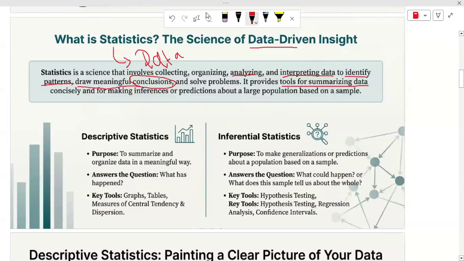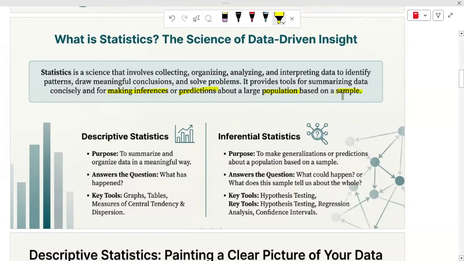Here, the major new concepts are introduced in this definition: making inferences, predictions, population, sample. Without knowing these major concepts, it's very hard to understand the rest of the sessions in this subject.